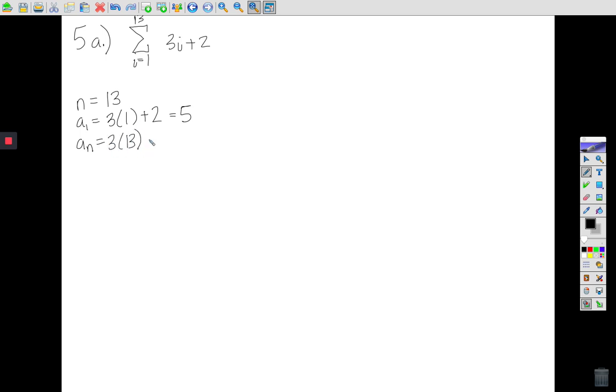Because we figured out what n was. 3 times 13 is 39, and 39 plus 2 is 41. Now we can use that summation formula where we take n, first term, last term, and divide it by 2.